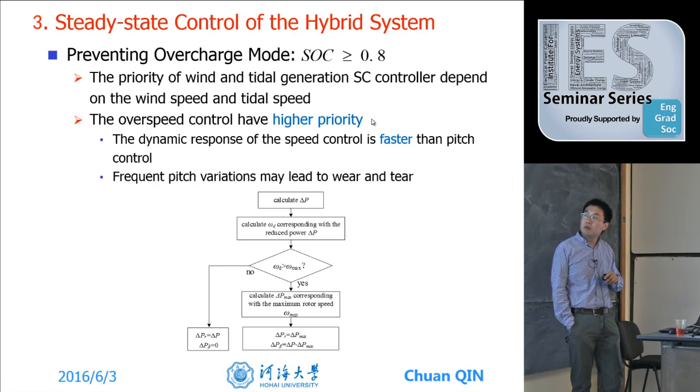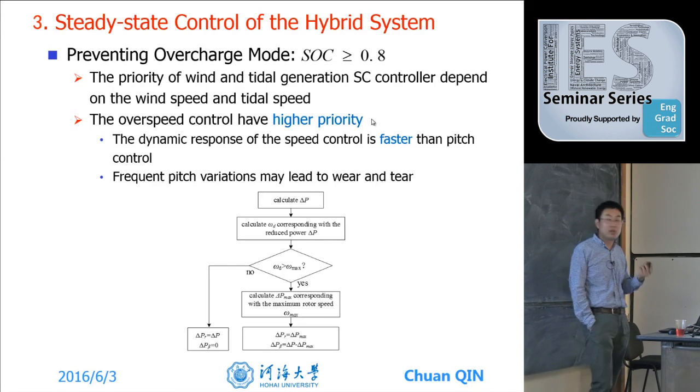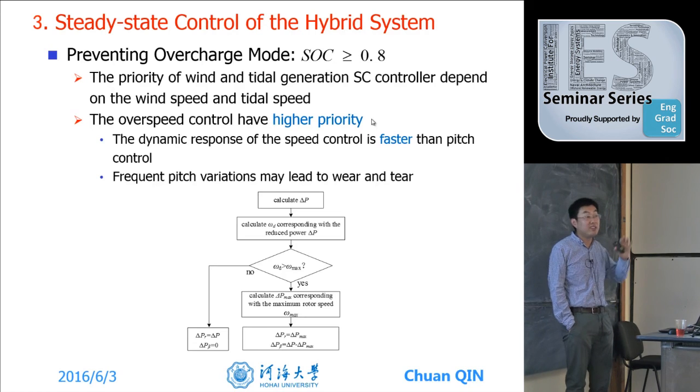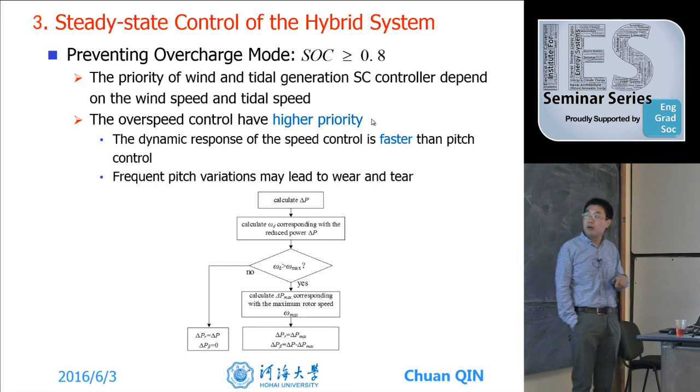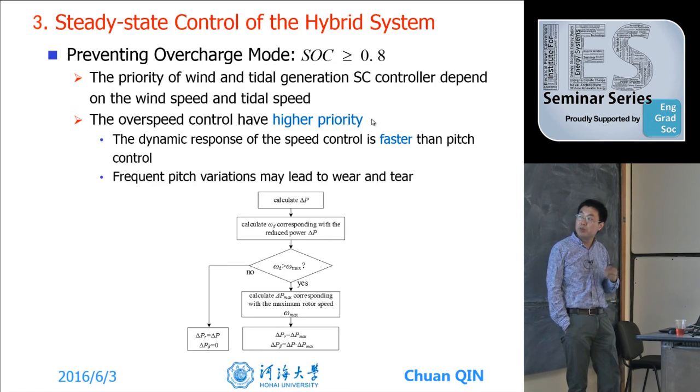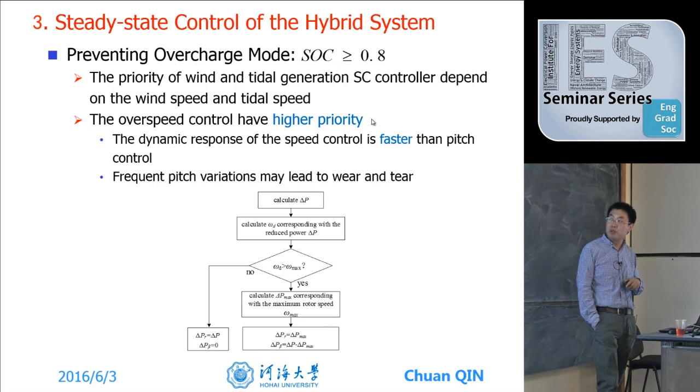For the overspeed and the pitch control, the overspeed control has higher priority because the dynamic response of the speed control, an electrical controller, is faster than pitch control. Pitch control is a mechanical controller. And secondly, frequent pitch control may lead to wear and tear.